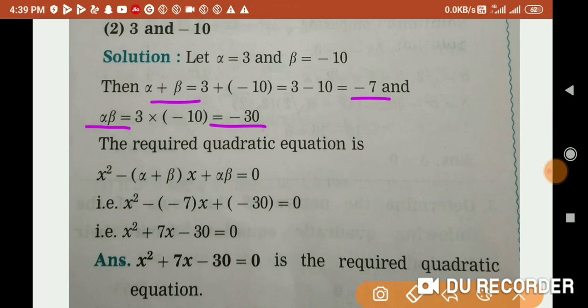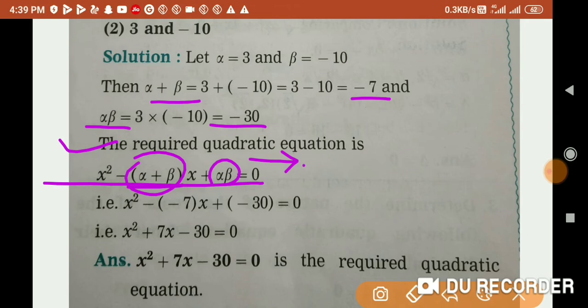Then write down the form of the quadratic equation, that means x² − (α + β)x + αβ = 0. Now put the values of α + β and αβ.